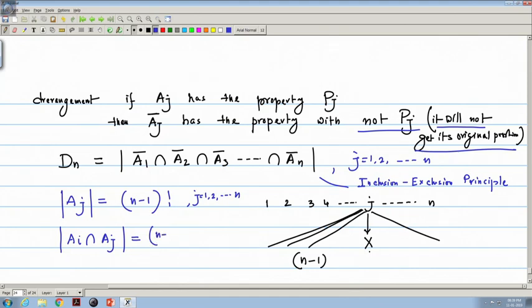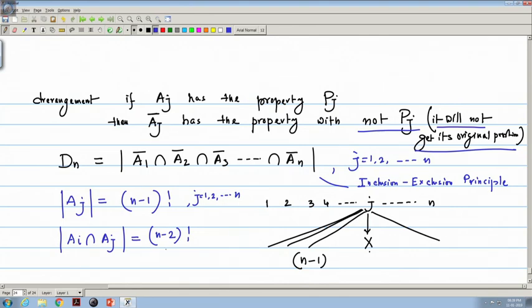I can give it as n minus 2 factorial, because now already 2 elements have been placed. So, 2 elements will not get their original position, so I have to discard those 2 places. So, this becomes n minus 2.